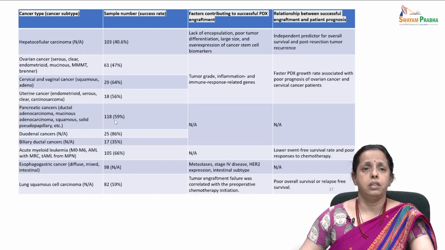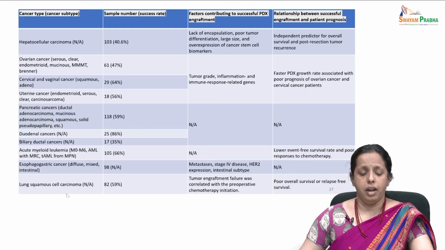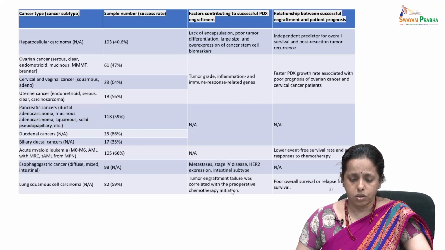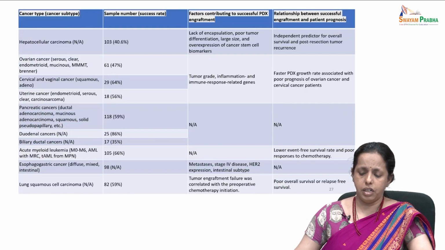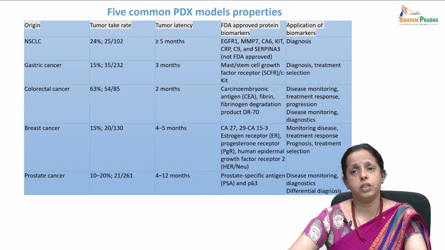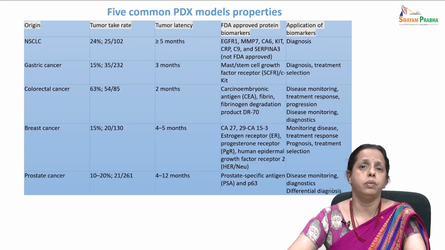For example, here for PDAC we have a 59% success rate, for reasons which are not listed. Even for lung squamous cell carcinoma, it was correlated with preoperative chemotherapy initiation. This slide will be talking about the 5 common PDX models and their properties, which have been developed for various cancers over the years and have been used for tumor evaluation and drug screening.